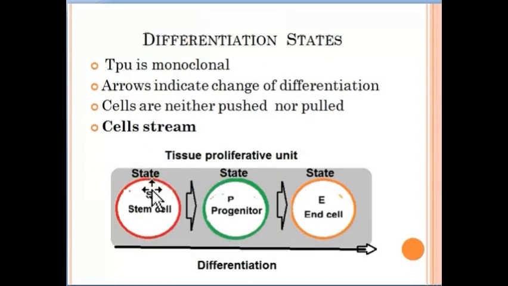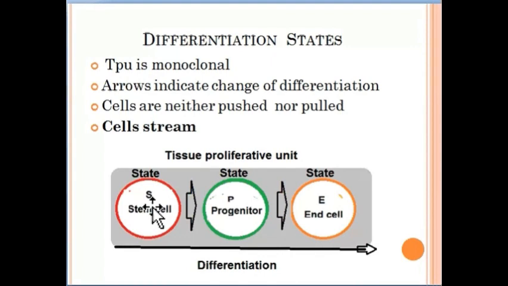So here you have the tissue proliferative unit, stem cell at its bottom, and this stem cell divides and its progeny stream and differentiate as they go until they reach the end state and where they die. So it is important to understand that this change, which I call streaming, is neither pushed nor pulled by any factor or any force.